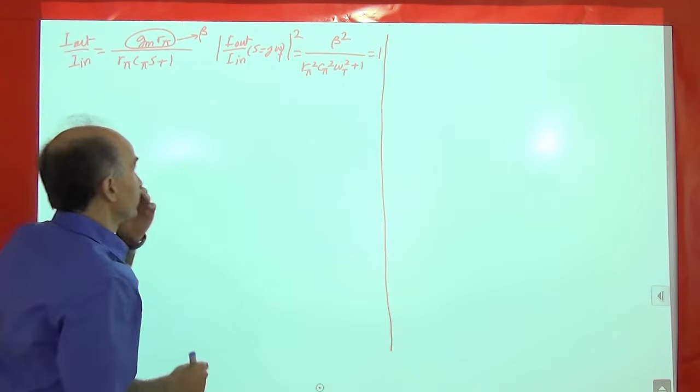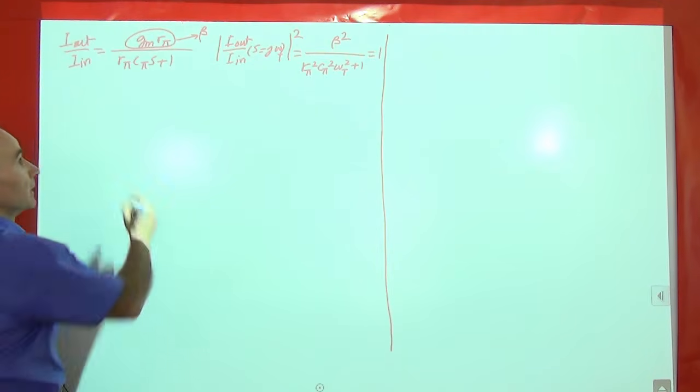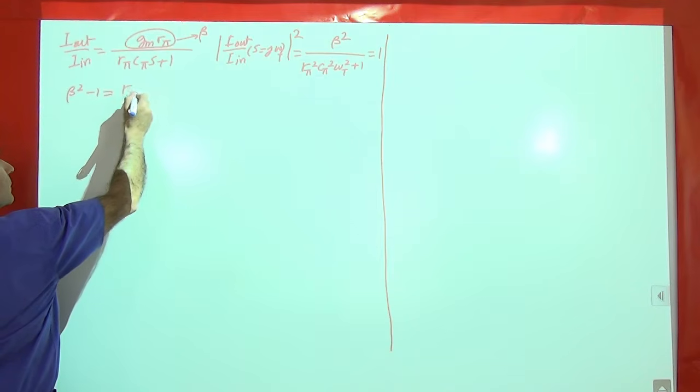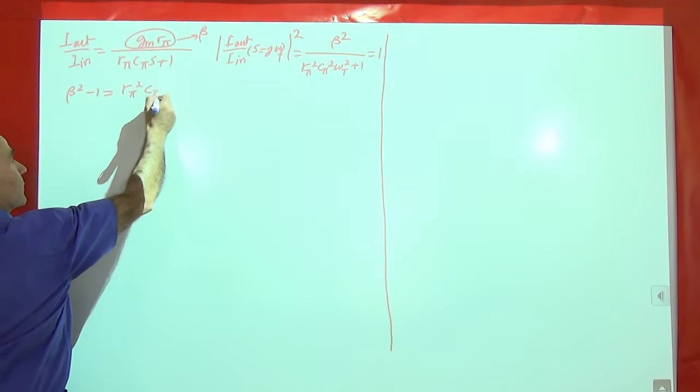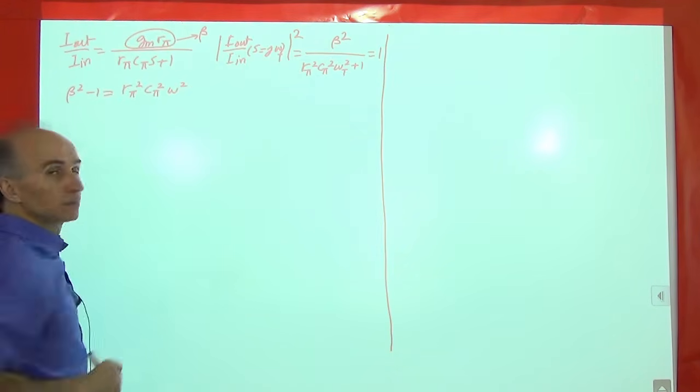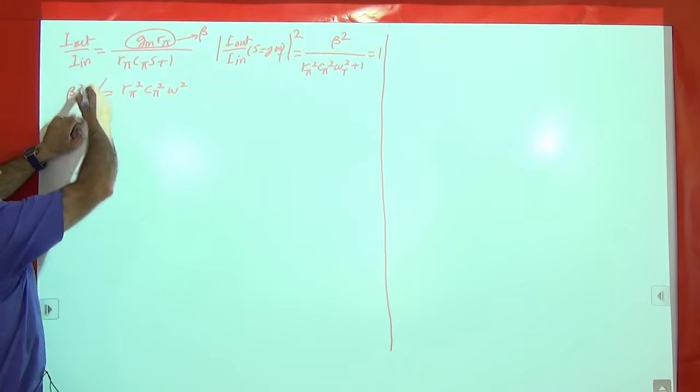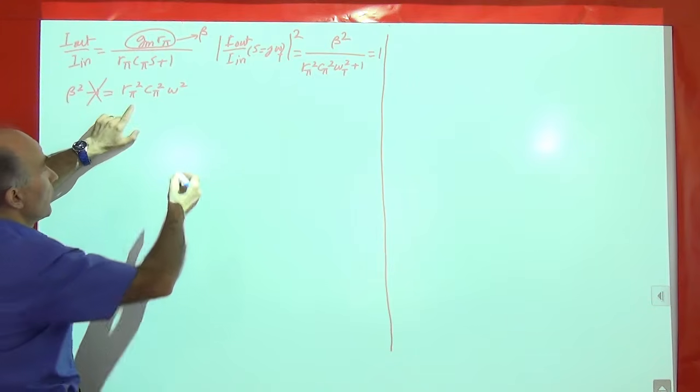Okay, so what do I get? I'm looking for omega t, right? So I have beta squared minus 1 is equal to R pi squared, C pi squared, omega squared. Beta squared is definitely much greater than 1, so that goes away. Take the square root of both sides.